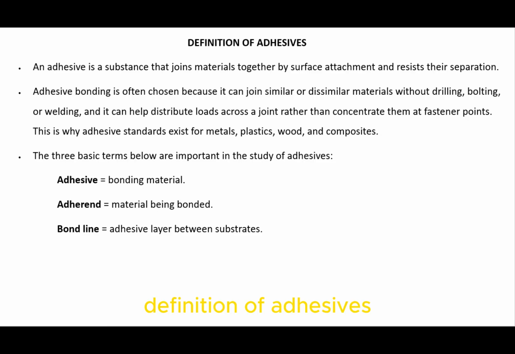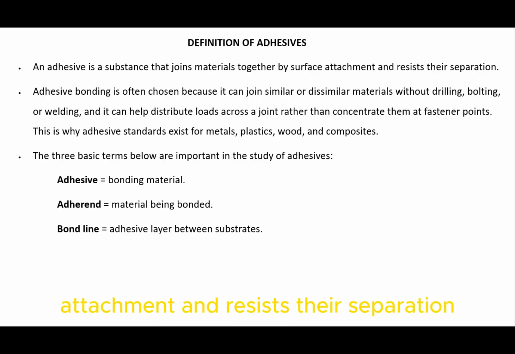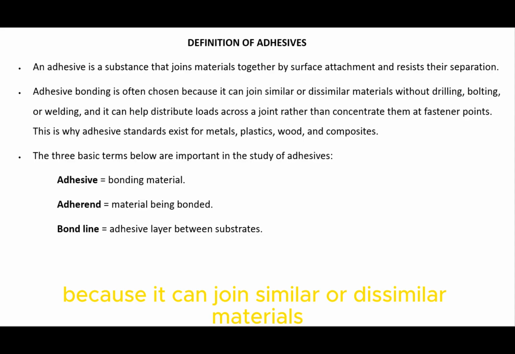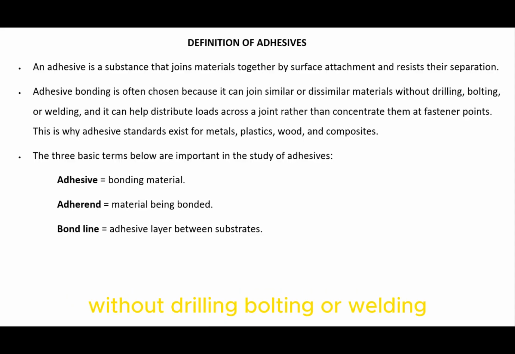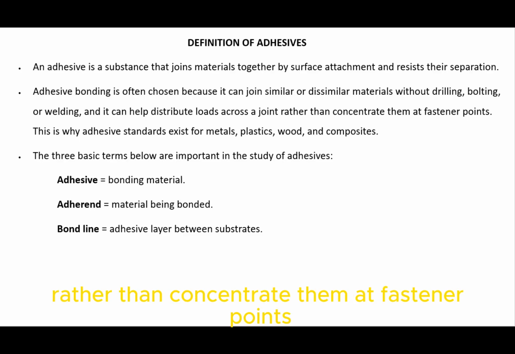Definition of adhesives. An adhesive is a substance that joins materials together by surface attachment and resists their separation. Adhesive bonding is often chosen because it can join similar or dissimilar materials without drilling, bolting, or welding, and it can help distribute loads across a joint rather than concentrate them at fastener points.